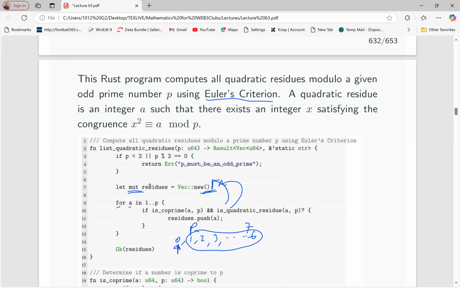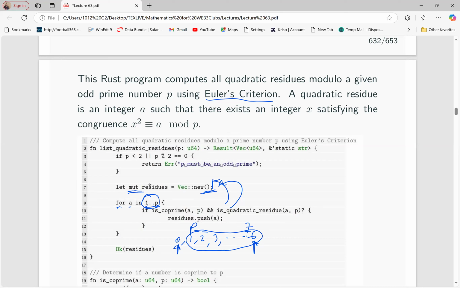So it begins with A in this range. For A in the range 1 to P, it understands 1 to P minus 1. So it's counting A from 1 to P minus 1, in other words, to 6.